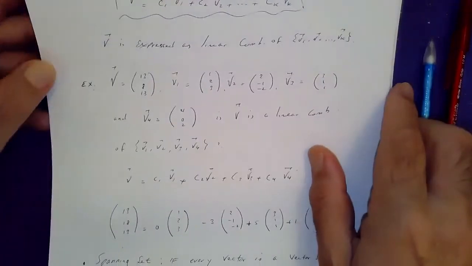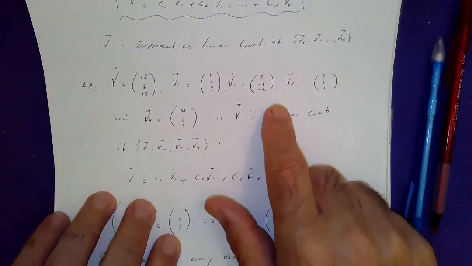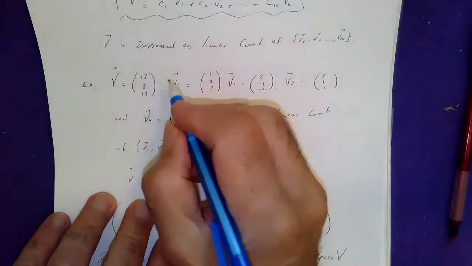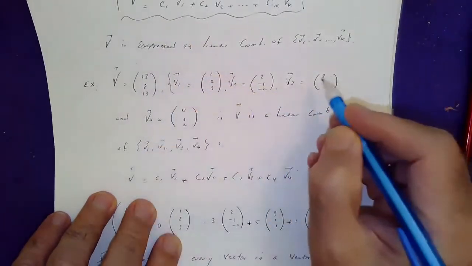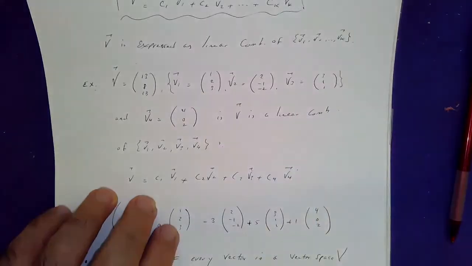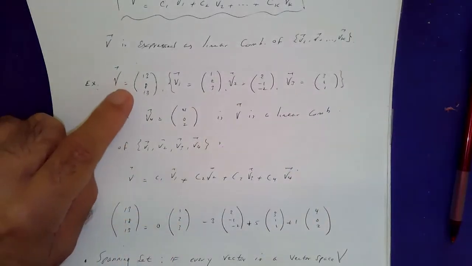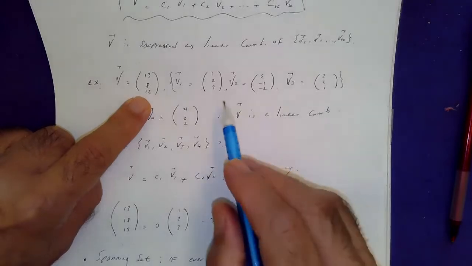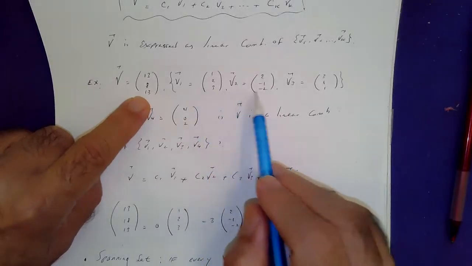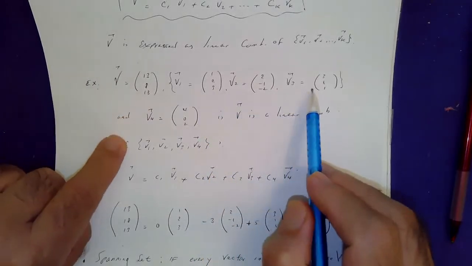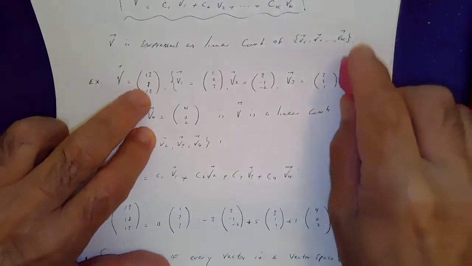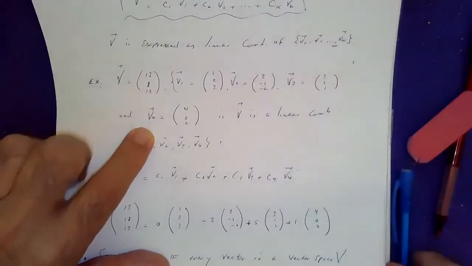Case in point, let's say you've got these three vectors, v1 through v3. The question is, express this vector (13, 8, 13) as a linear combination of v1, v2, v3, and sorry, v4 as well, four vectors.